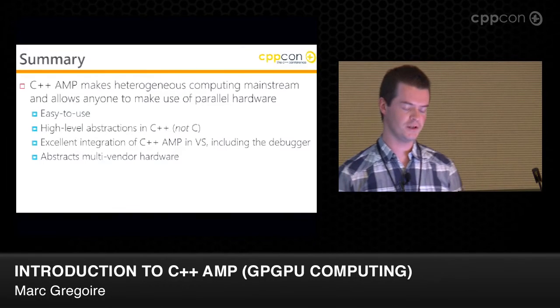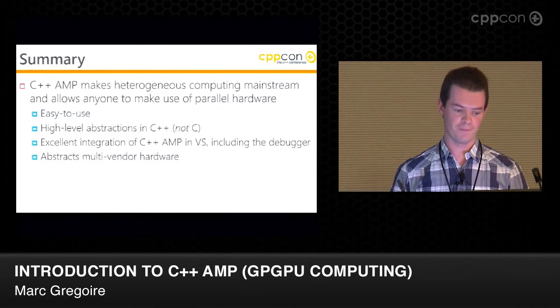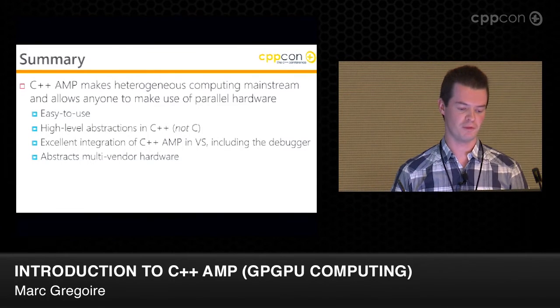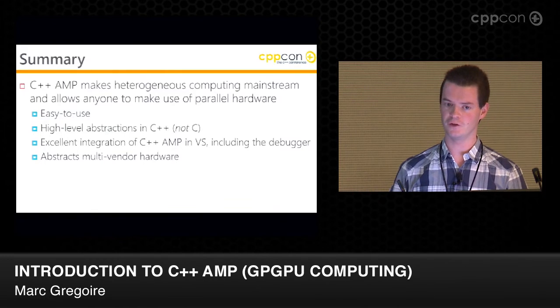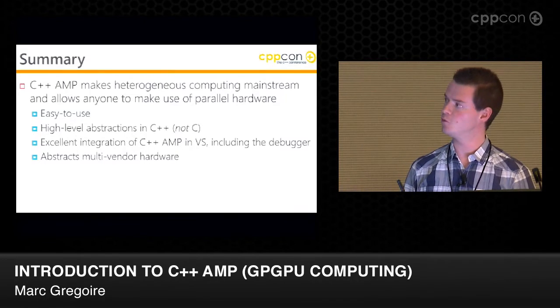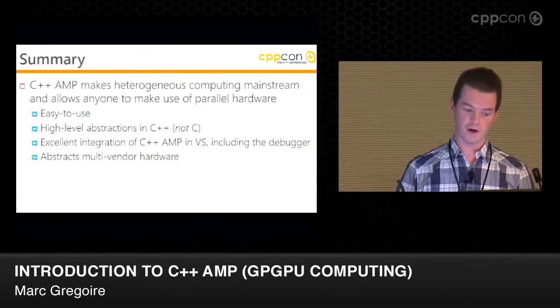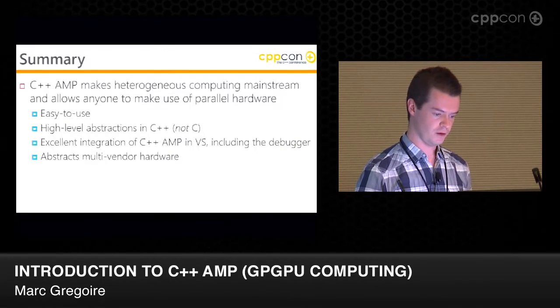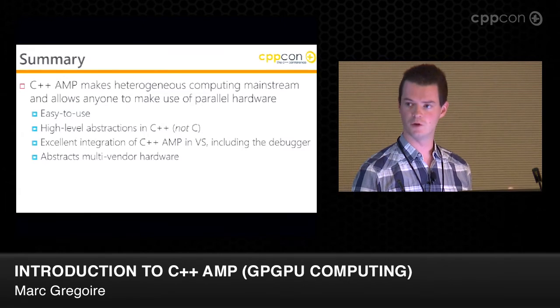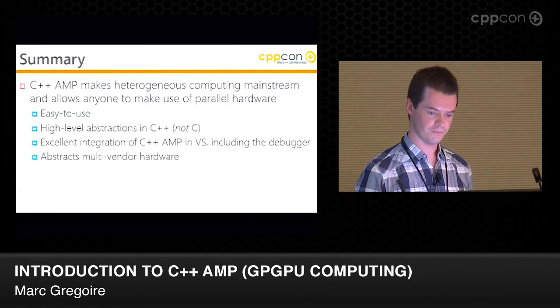That's very easy to parallelize. Of course, if the problem you're trying to solve is not that parallelizable, then you won't see the 100 or 150x performance increase, obviously. It's a high-level abstraction in C++, not in C. And yeah, it can use multiple vendors at the same time.